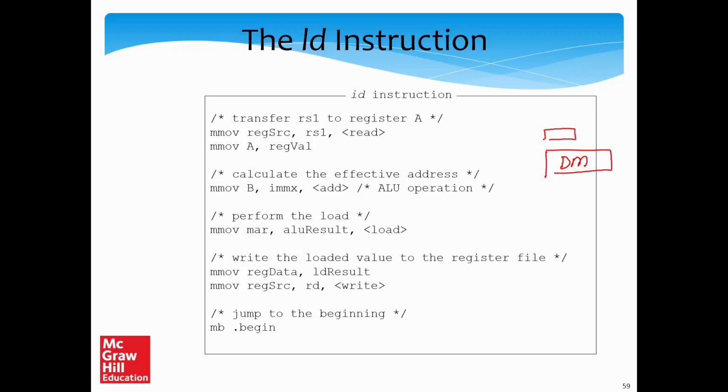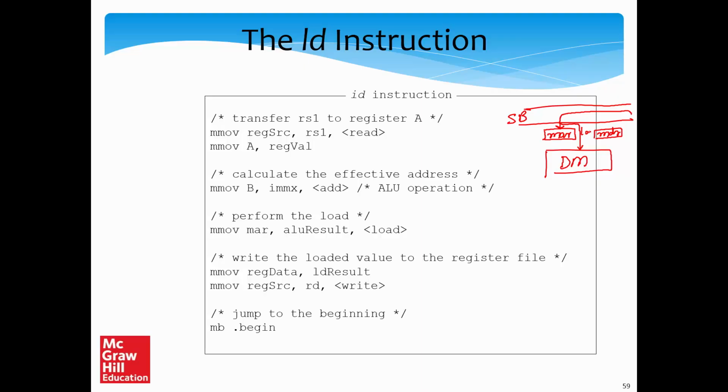We have the MAR for the memory address register and the MDR, which is the memory data micro register, but MDR in this case is not required. So via the shared bus, let me call it SB, we transfer the ALU result, which contains the address of the memory location. This we transfer to the MAR register and in parallel we initiate a memory load.